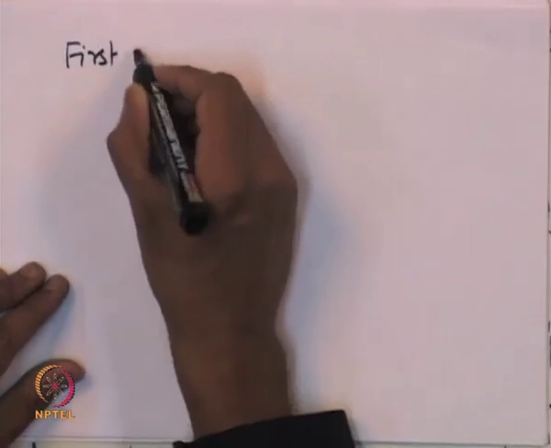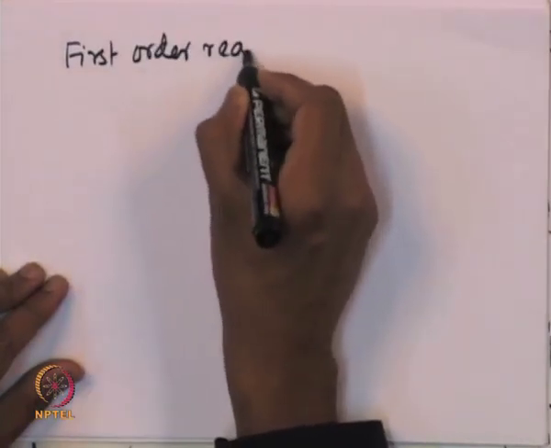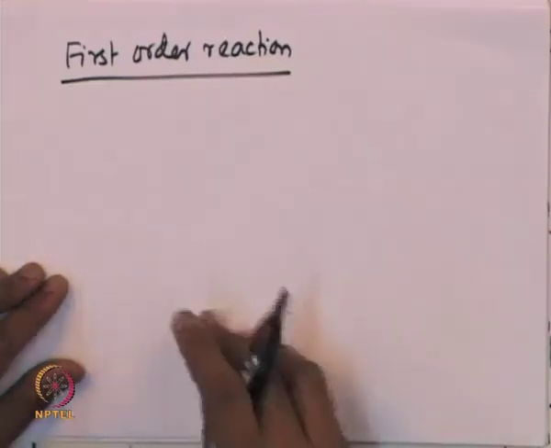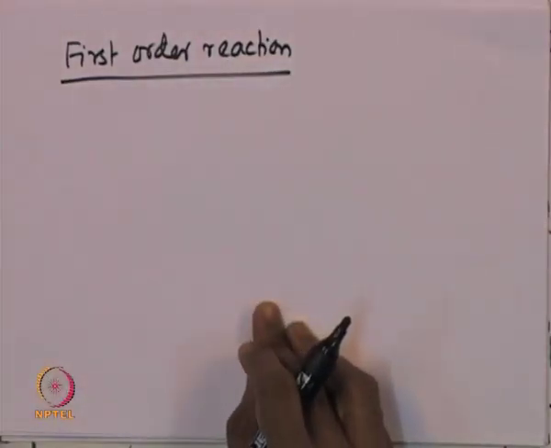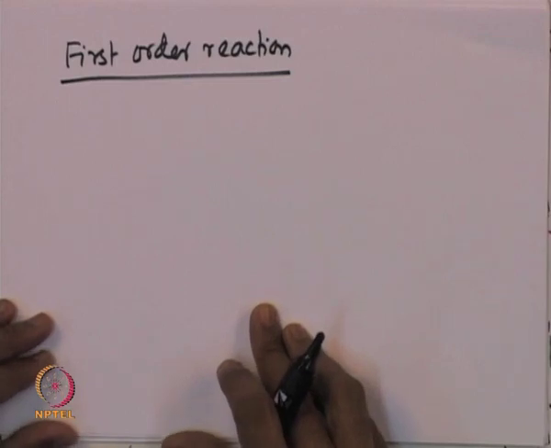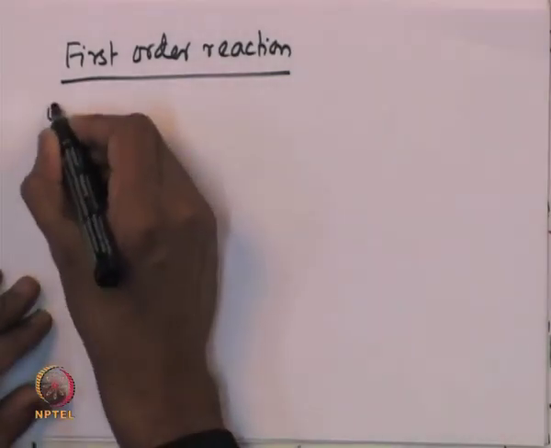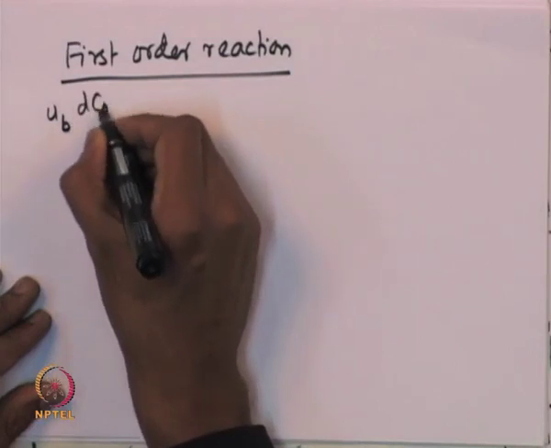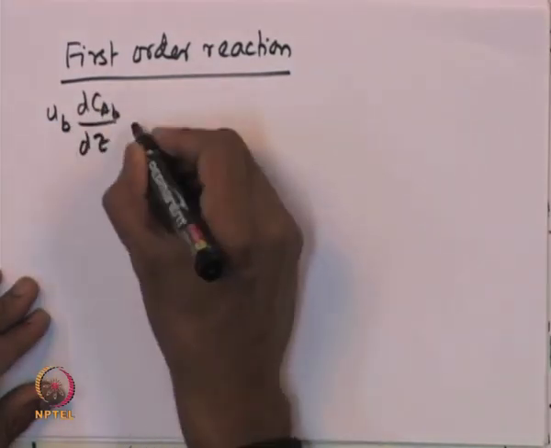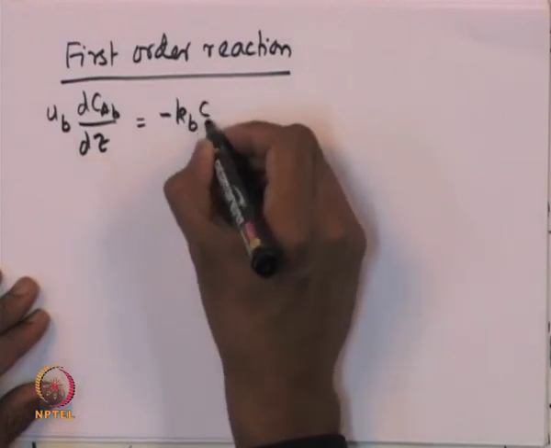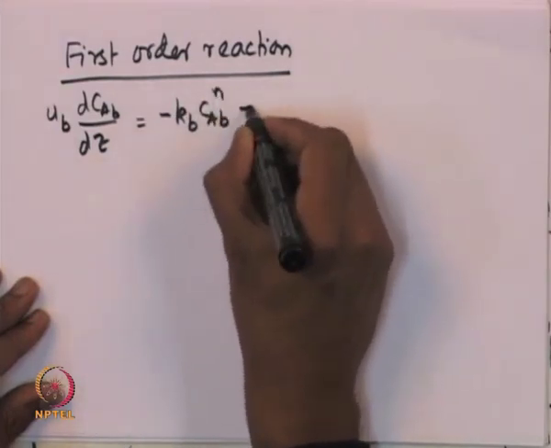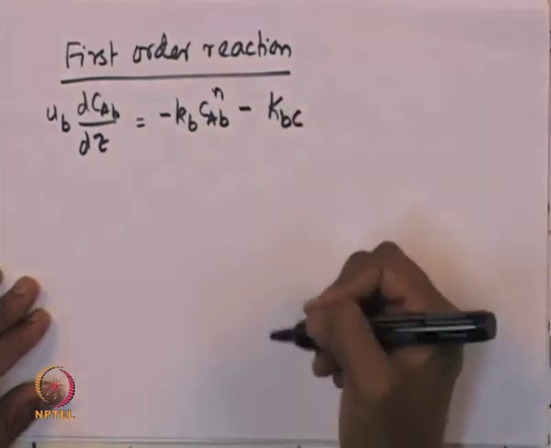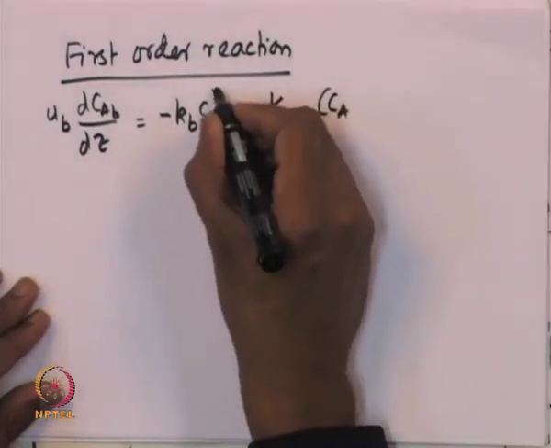However, if we make an assumption that the reaction is a first order reaction, suppose the catalytic reaction which is happening is a first order reaction, then we can write the expression as UB into dCAB by dZ equal to minus KB into CAB to the power of n, minus the mass transport coefficient KBC into CAB minus CAC, with n equal to 1.